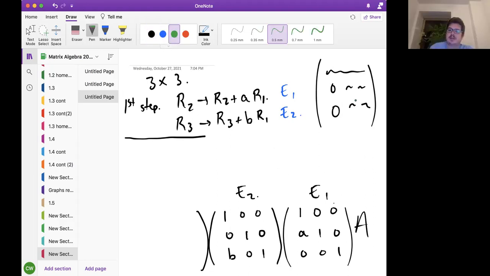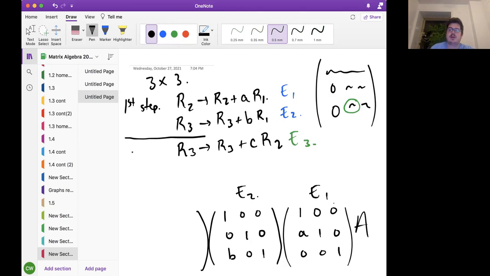All you need to do is eliminate this entry. So that is row 3. You're doing row 3 plus C times a row. And now which row do we use? Row 2, yeah.